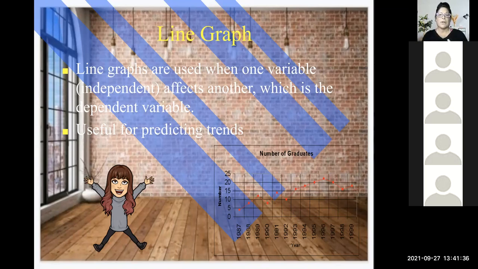Line graphs are used when one variable, remember your independent variable, is the only thing that's going to be different in every single test group, and when one variable affects another, which is the dependent variable. This is very useful for predicting trends, meaning changes over time, and optimal levels of certain things.